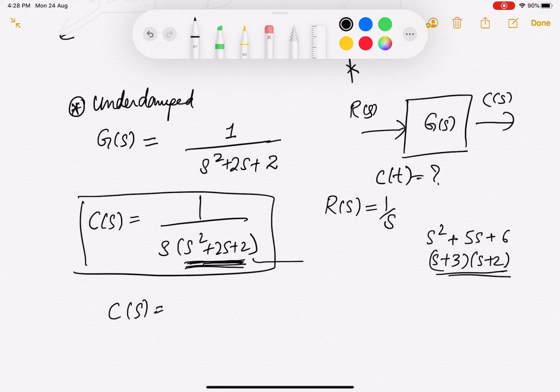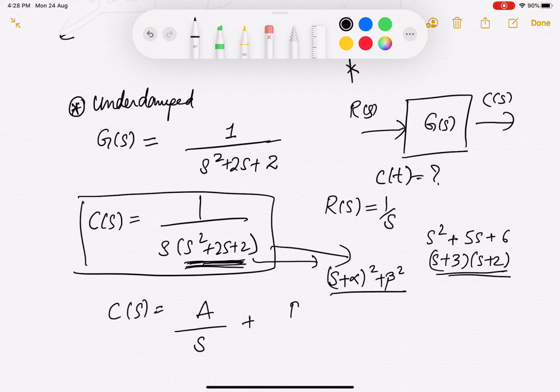So in such a case, the factorization that you have to do is to be of the form (s plus alpha) whole square plus beta square, right? This is what we have to do in this case. So what we'll do is we'll first write this down as A by s plus (Bs plus C) by s square plus 2s plus 2, and then we'll figure out what to do with this s square plus 2s plus 2.